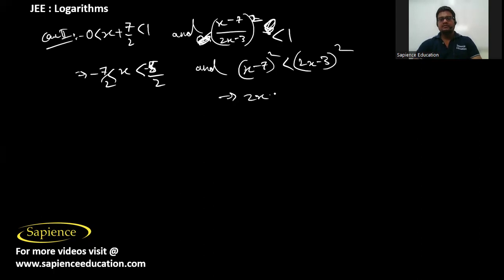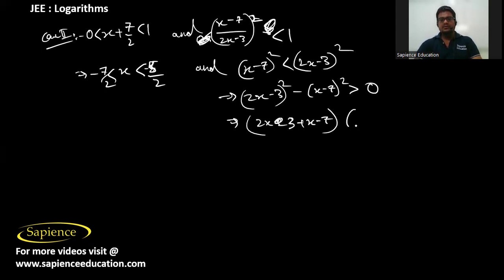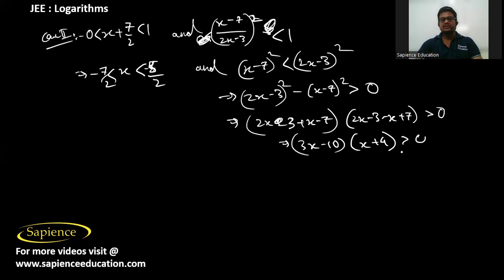It means 2x minus 3 whole square minus x minus 7 whole square should be greater than 0. So it means 2x minus 3 plus x minus 7 into 2x minus 3 minus x plus 7 should be greater than 0. So it means 3x minus 10 into x plus 4 should be greater than 0. So it means x should be either less than -4 or x should be more than 10/3.